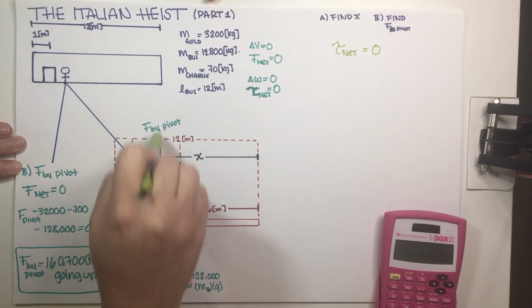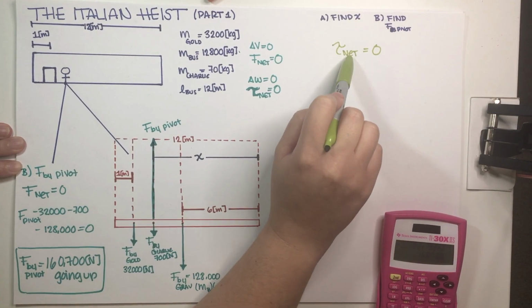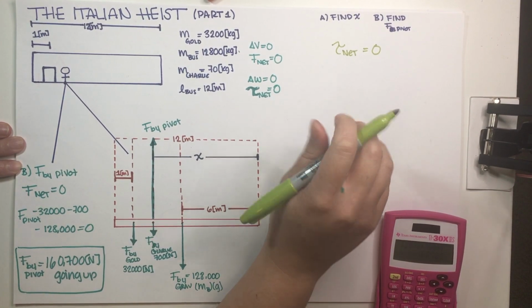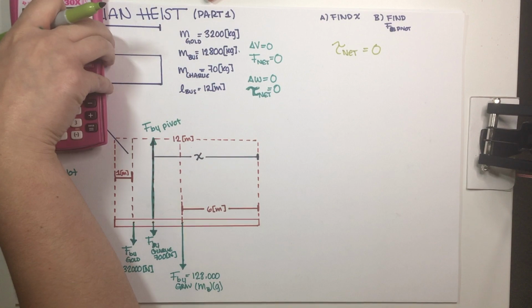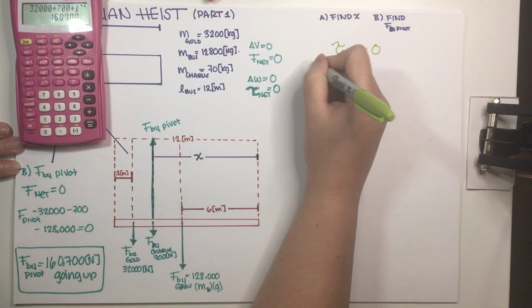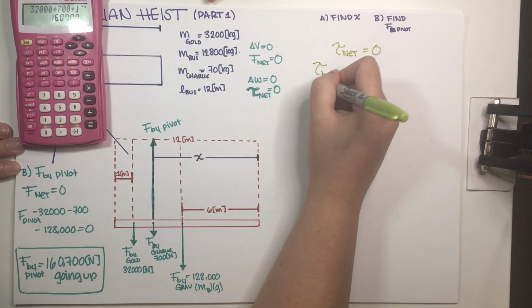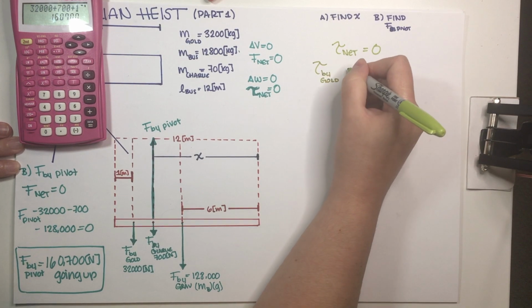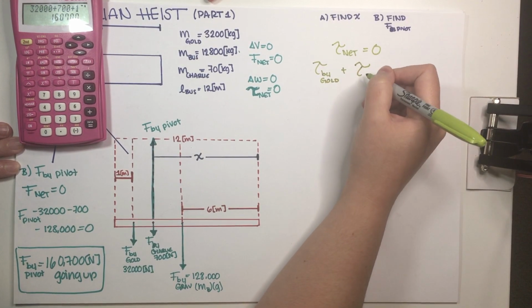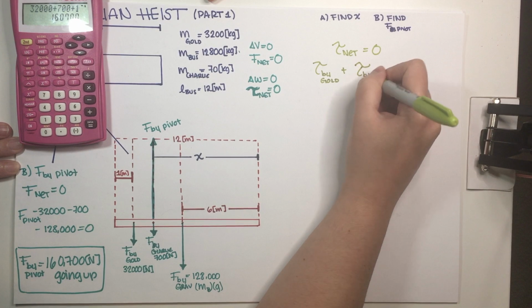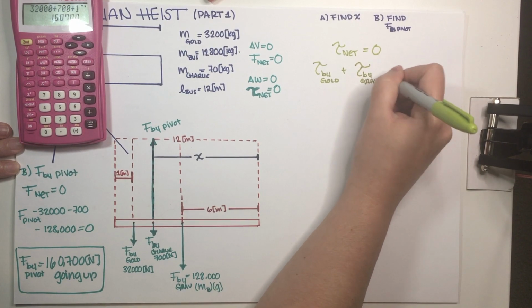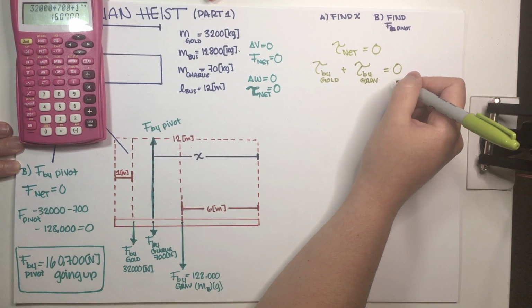So these 2 forces are not going to show up in this equation. Now let's write these 2. The torque by the Gould and the torque due to gravity have to add up to 0.